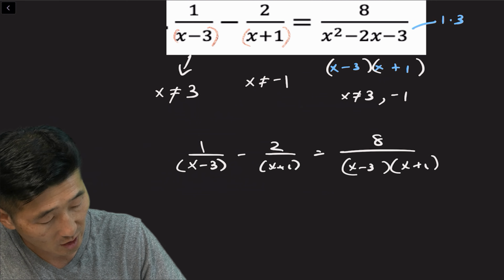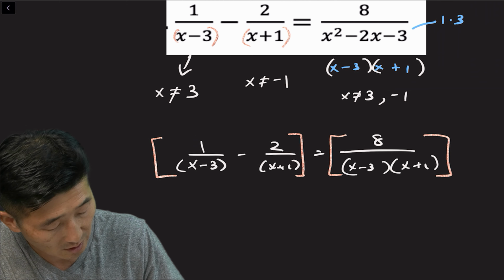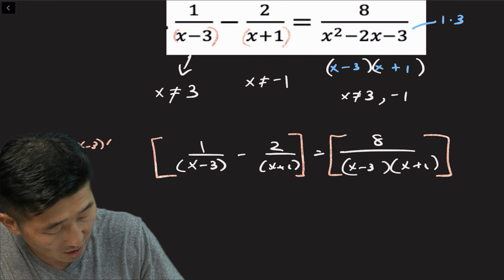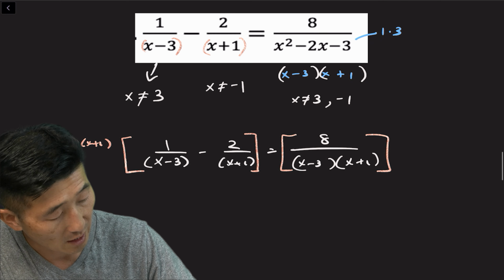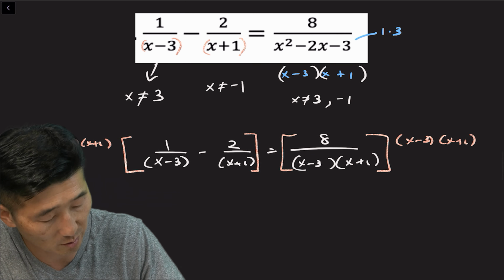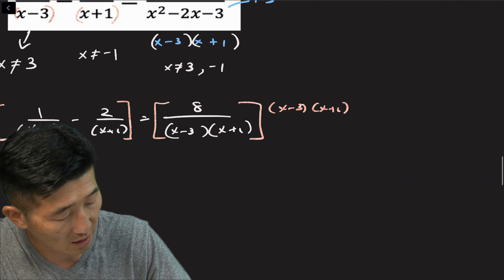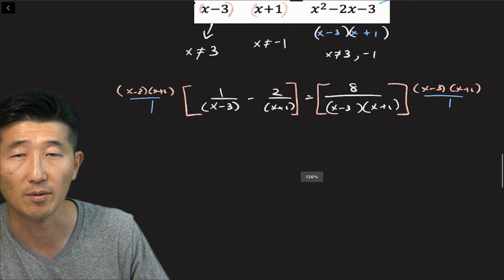All right, we know what the common denominator is, so we're going to multiply both sides by that common denominator, x minus 3, x plus 1, and here x minus 3, x plus 1. And again, you're basically multiplying this over 1 and this over 1.